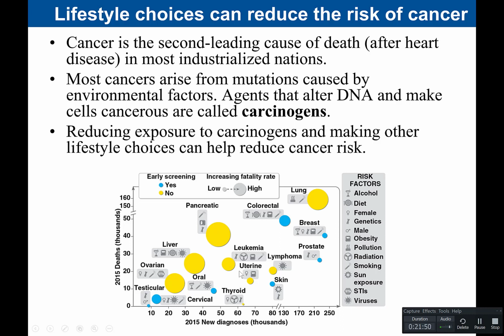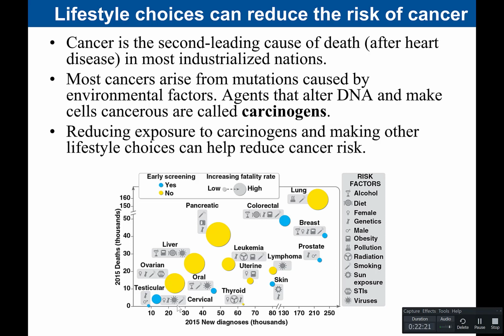If we go down and look at cervical cancer, being female, right, because males don't have a cervix, genetics, viruses. So HPV, human papillomavirus, is a virus that can increase the risk of cervical cancer. And so that's why they have a vaccine. That's why they have Gardasil, to try and vaccinate against HPV to protect women from getting cervical cancer.